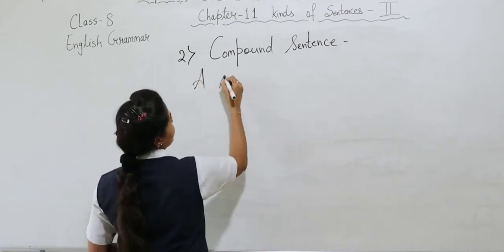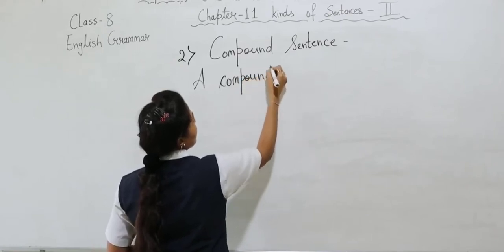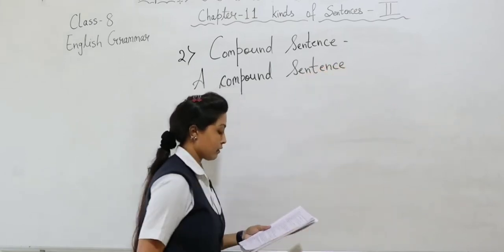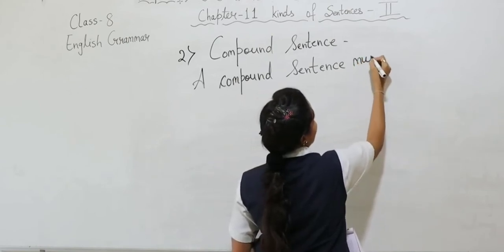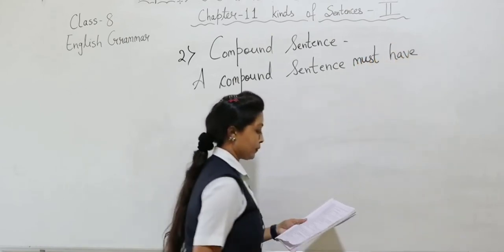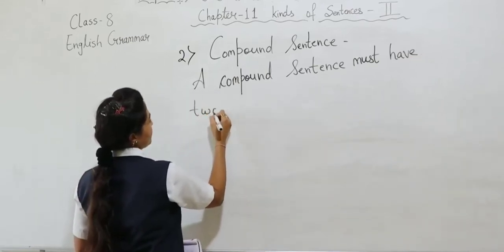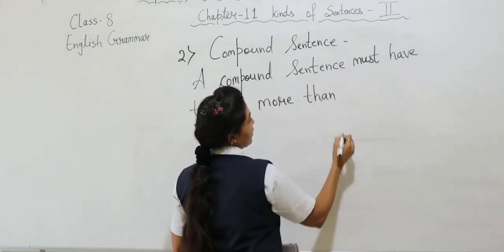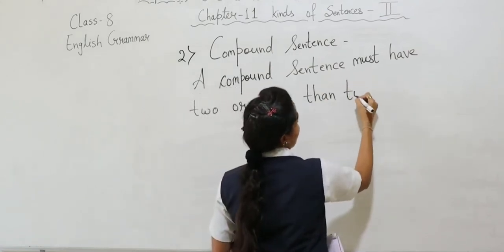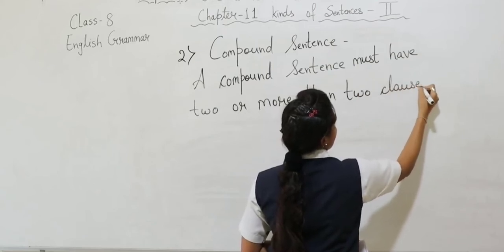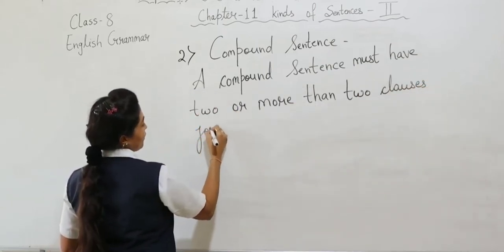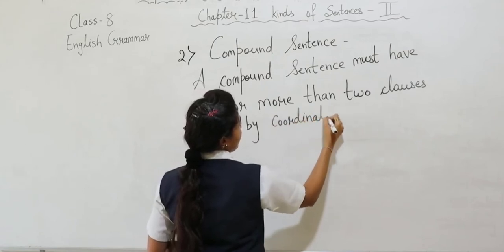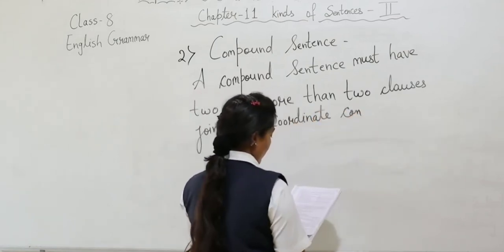A compound sentence must have 2 or more than 2 clauses joined by coordinate conjunction.